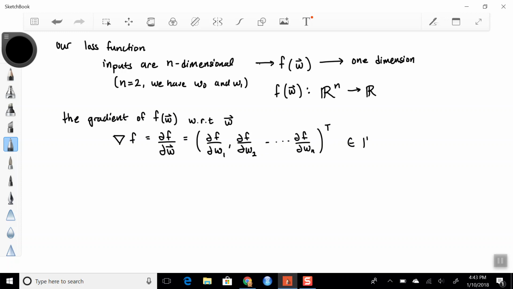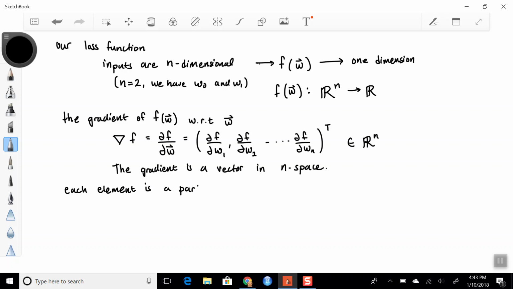This is going to be an element in n-dimensional space, okay? So the gradient itself exists in n-dimensional space, and each element is a partial derivative.